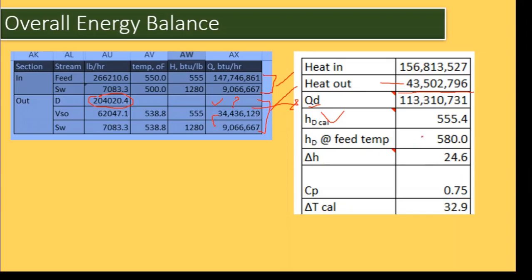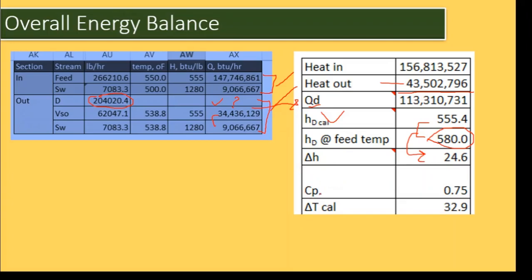Then as in the case of the bottom one, HD at the feed temperature, that is 550 degrees. This is the enthalpy for 550, that is 580, and we have to find the difference between these two values, that is 24.6.